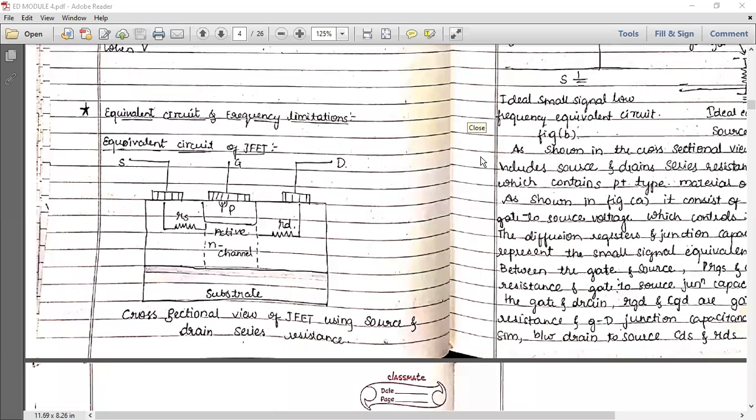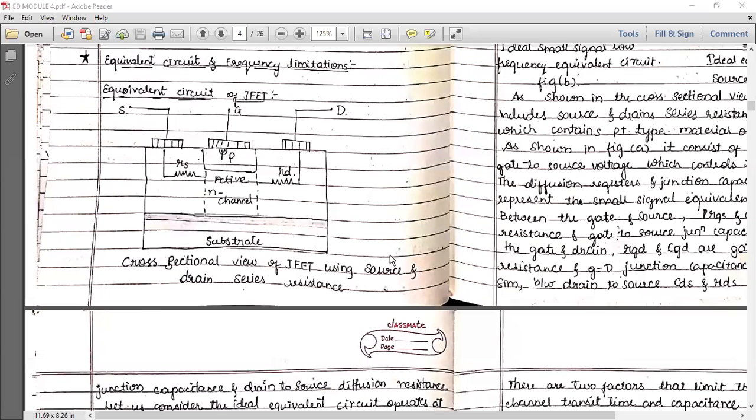So in the previous class, we discussed the equivalent circuit and the frequency limitations. First we started with the equivalent circuit of JFET.